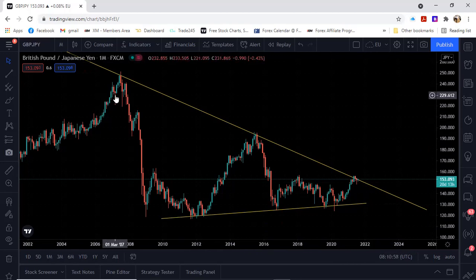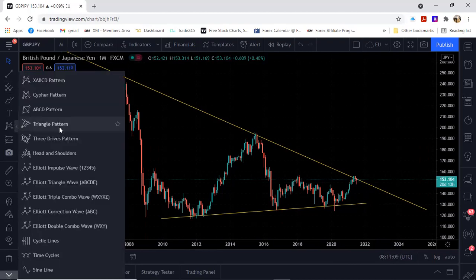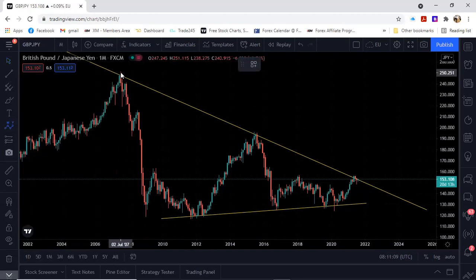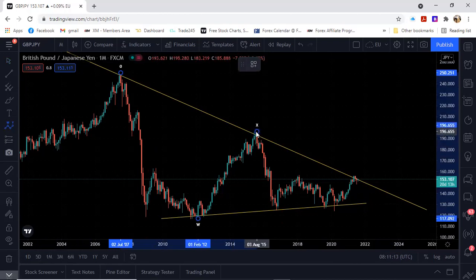For the time being, we are going to label this as a WXY movement. So that's my X leg. This is my W, that's my X, and that's my Y.